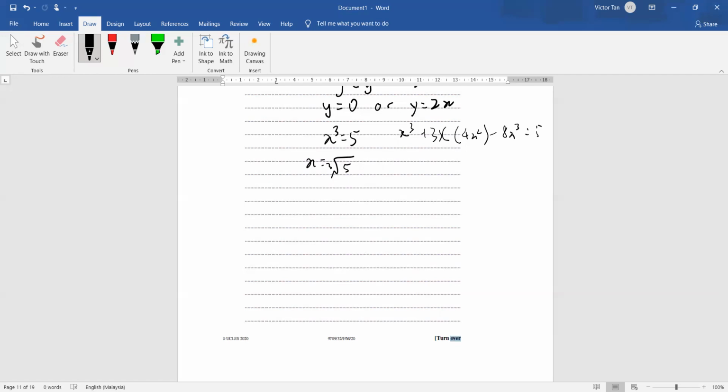So here, x cubed plus 12x cubed minus 8x cubed, so you have 5x cubed equals to 5. x cubed equals to 1. x is 1.